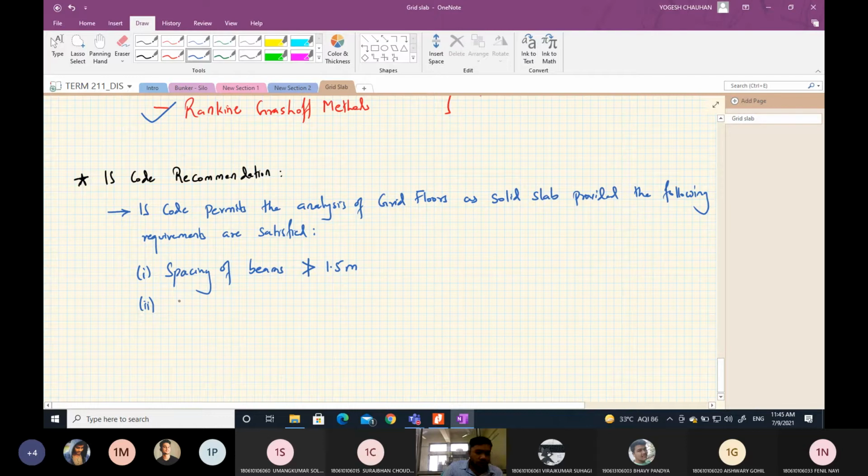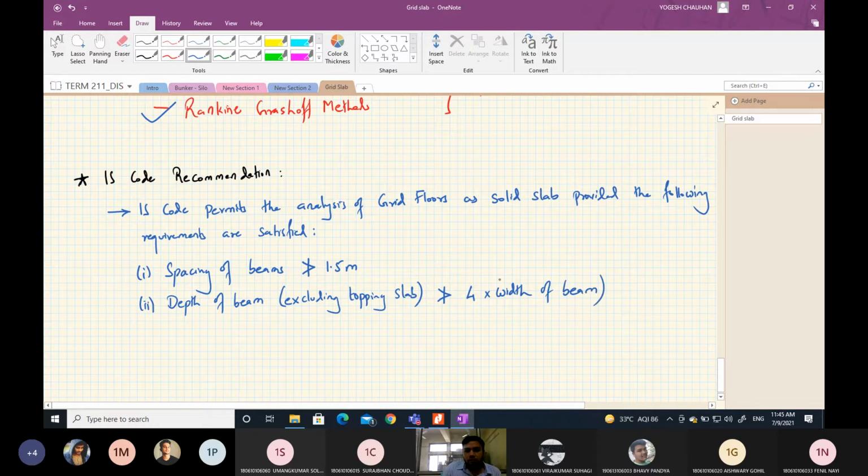Then the depth of the beam, excluding the topping slab, should not be more than 4 times the width of the beam.